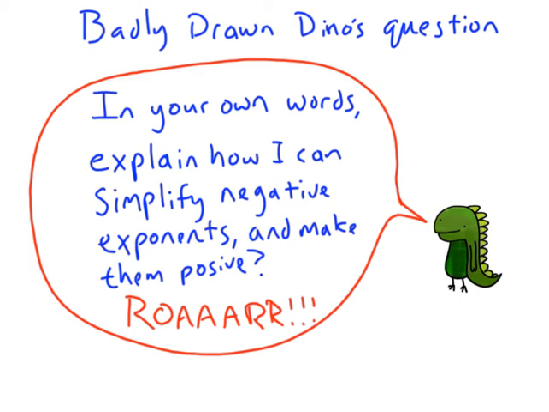In your own words, explain how I can simplify negative exponents and make them positive. I apparently spelled that wrong right there, so let's get my English correct. It is a dinosaur after all. Positive. Big question mark. Answer that question, use complete sentences, make it very clear and concise, and we'll catch you soon. Thanks.